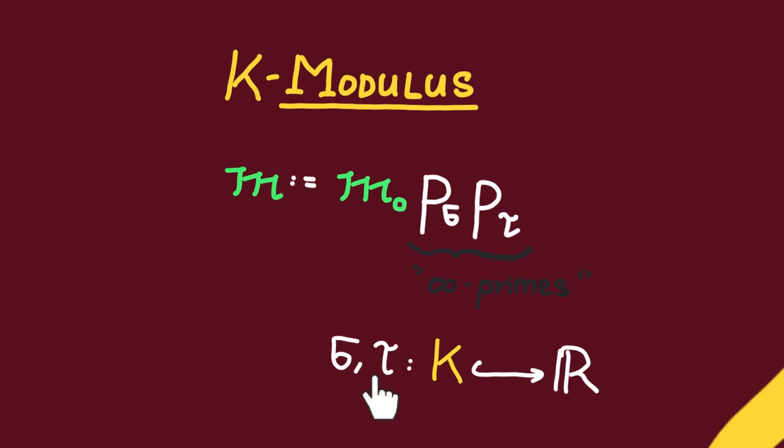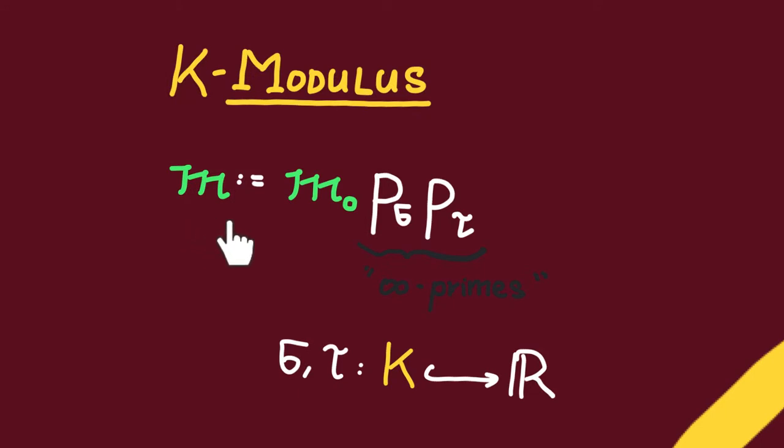For every real embedding, say sigma of K into R, we will attach a formal symbol, P_sigma, and we'll call that an infinite prime. So we can think of infinite primes as real embeddings of K. A K-modulus then is the formal product of an ideal of OK with some infinite primes of OK.